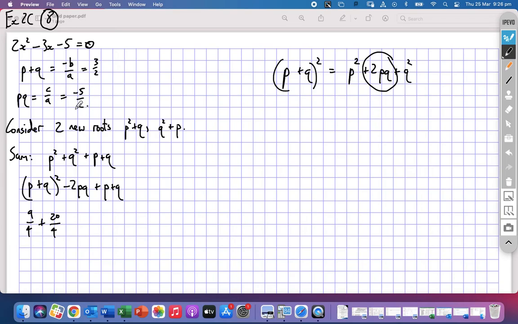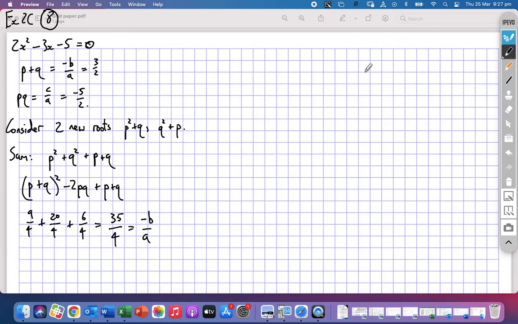There's my pq there, so it was 10 on 2, that's 5, but then I'm making it out of 4 because I'm going to have to add everything up, and then we've got another p plus q. p plus q was 3 on 2, but I'm going to make it 6 on 4 so I can add everything up, and I get 35 on 4. 9 plus 6, that's 15, plus 20, 35. And that's representing the minus b on a in the new quadratic.